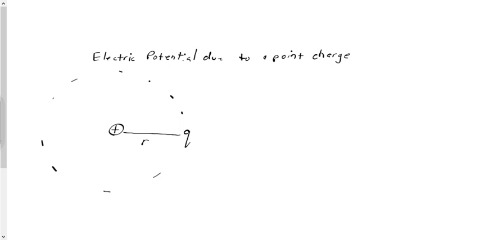And so our value here is going to be that the voltage, or the electric potential, at any point where we put that test charge is going to be equal to K times Q over R. Okay, so that's for any charge.